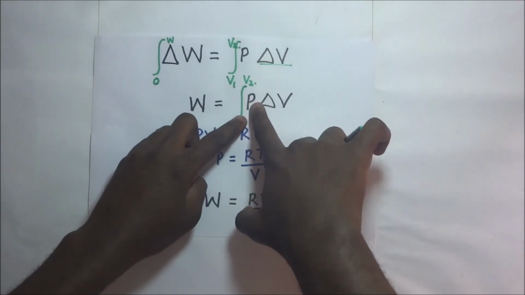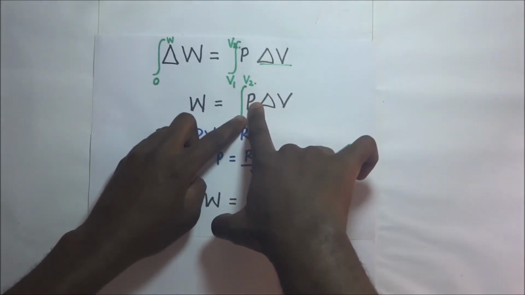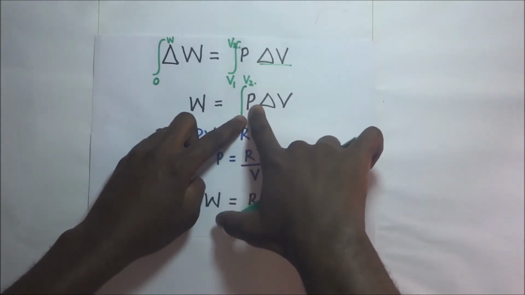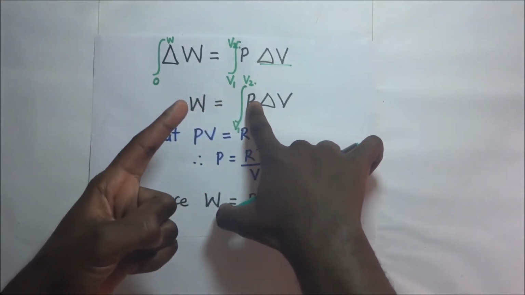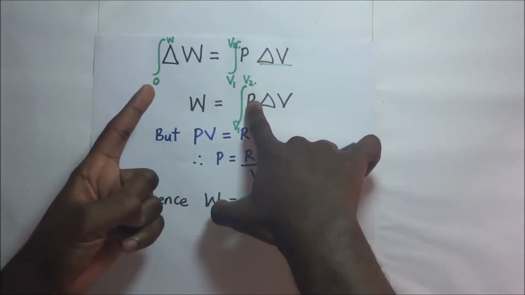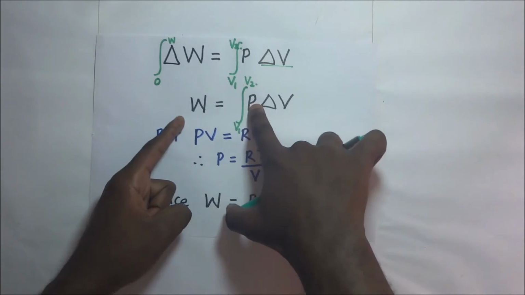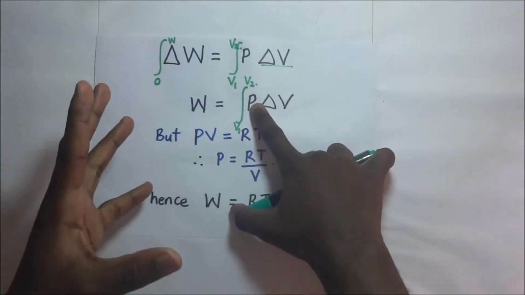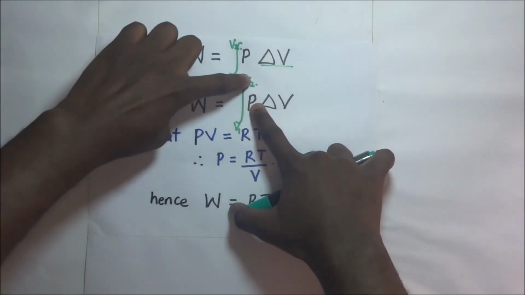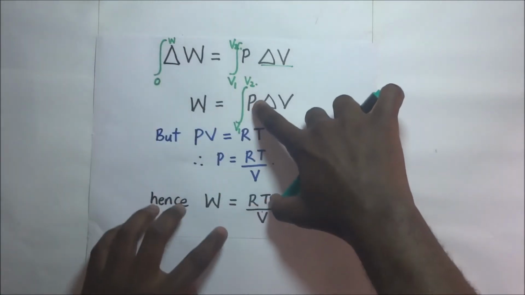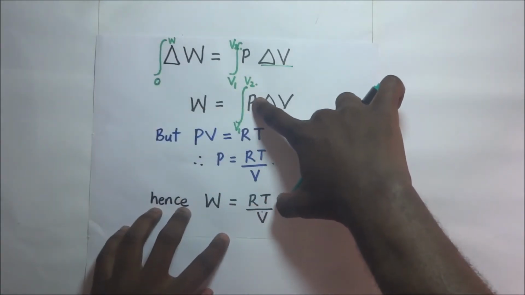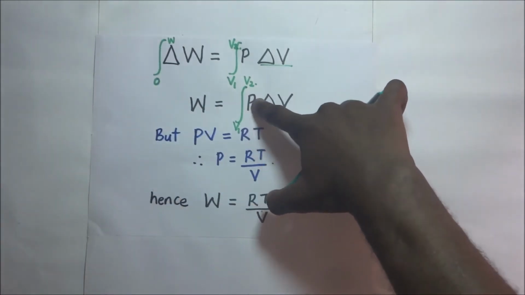Now, we might not have the pressure, but this is an isothermal process, so we are aware of its temperature because it's happening at a constant temperature, and we are also aware of the volumes because it is changing from V1 to V2. So we can go ahead and substitute for the pressure.